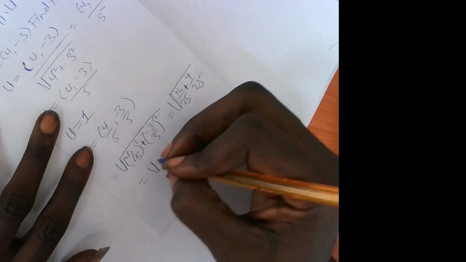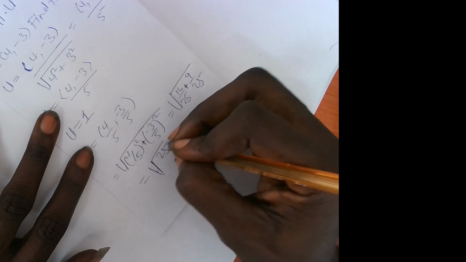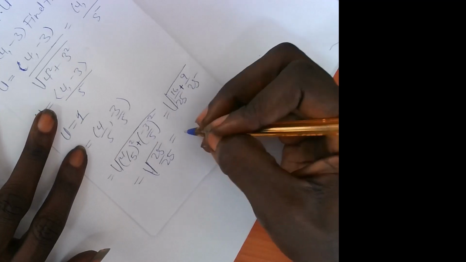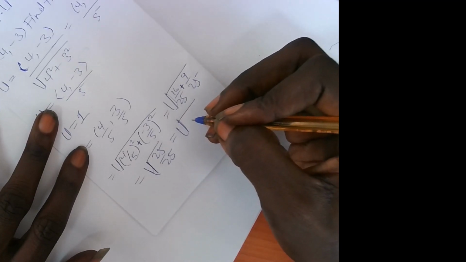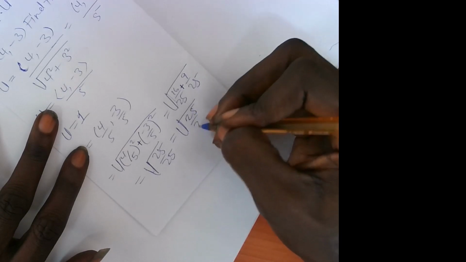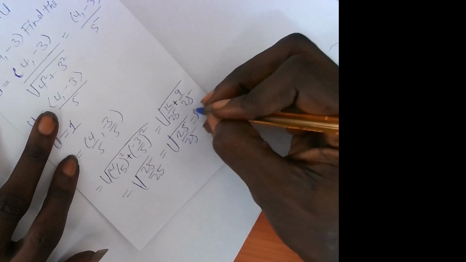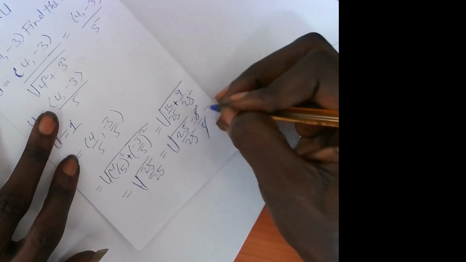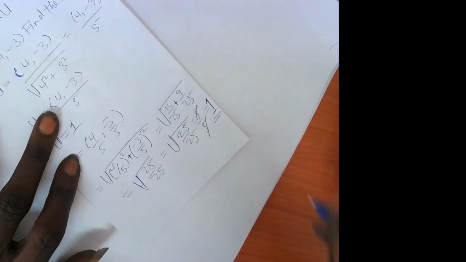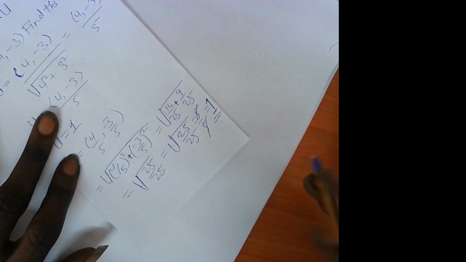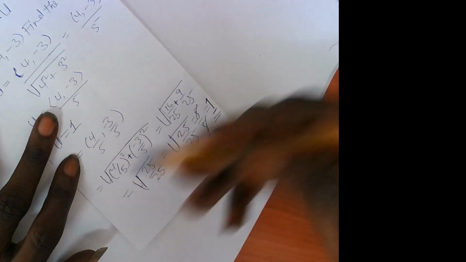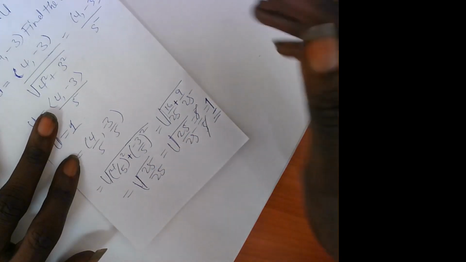So I'm going to get 25 over 25, which is going to be 5 over 5, which is going to be 1. So I've been able to prove that the magnitude of a unit vector is 1. The magnitude is unity, giving it the name unit vector.